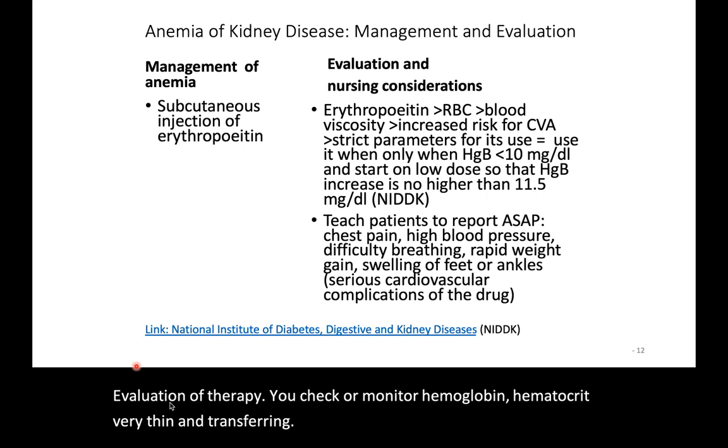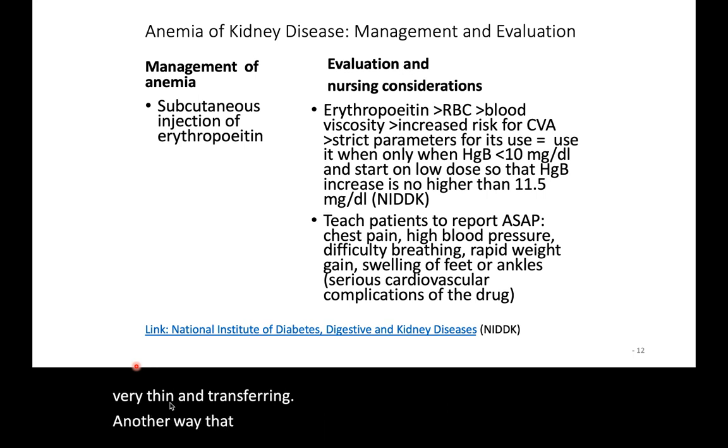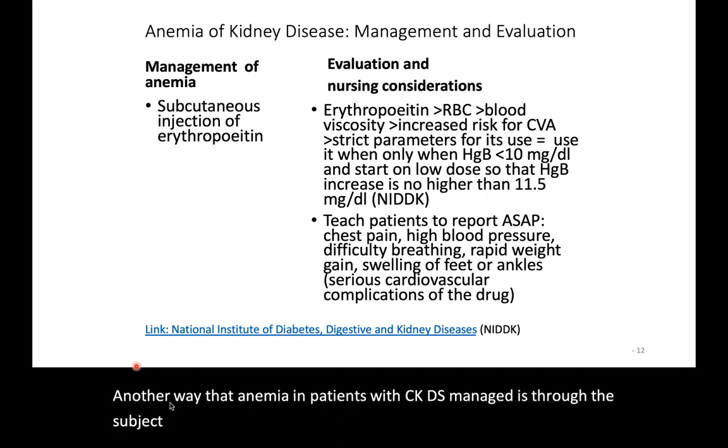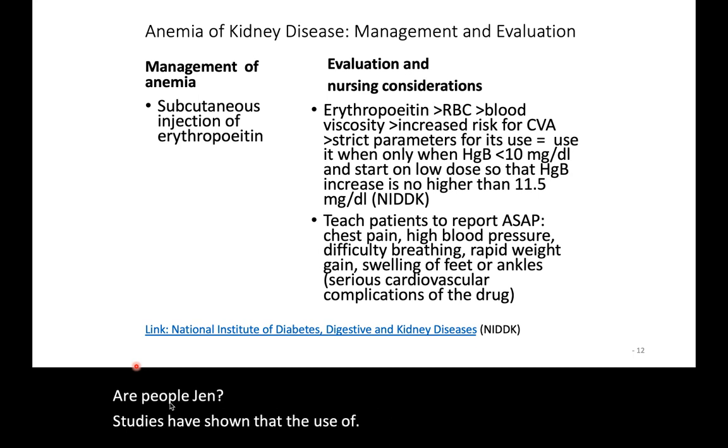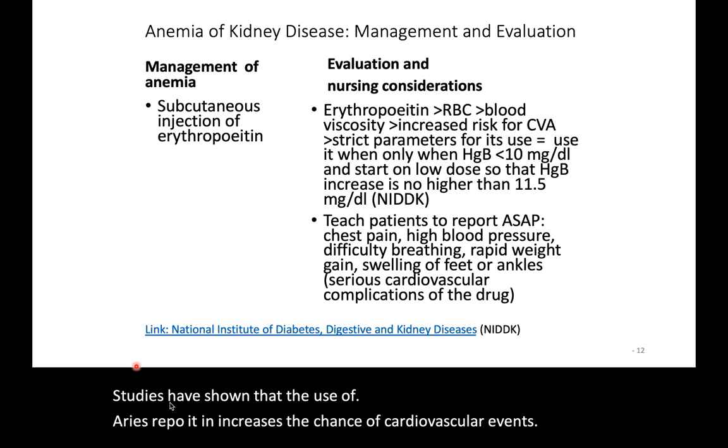Another way that anemia in patients with CKD is managed is through the subcutaneous injection of erythropoietin or epogen. Studies have shown that the use of erythropoietin increases the chance of cardiovascular events such as heart attack and stroke.